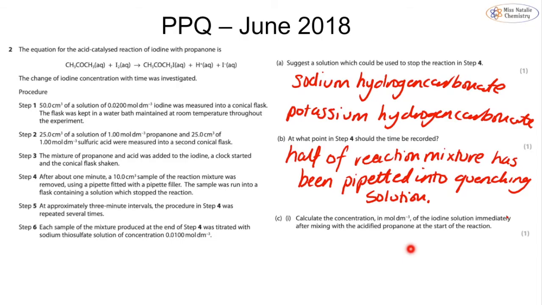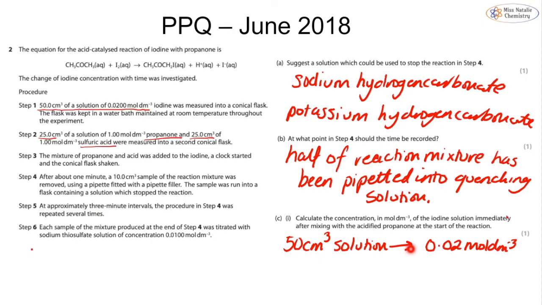So then we want to calculate the concentration in moles per decimeter cubed of the iodine solution immediately after mixing with the acidified propanone. So we can see in step 1, we have 50 centimeters cubed of a solution, and that gives us a concentration of 0.02 moles per decimeter cubed. Now we can see that we then add 25 centimeters cubed of propanone and 25 centimeters cubed of sulfuric acid.